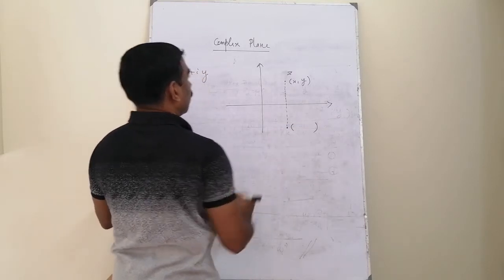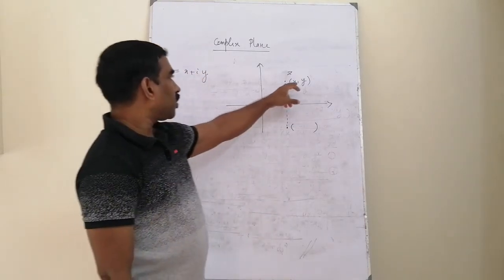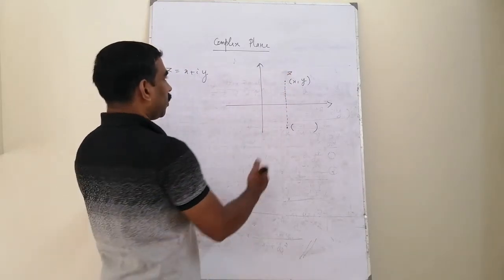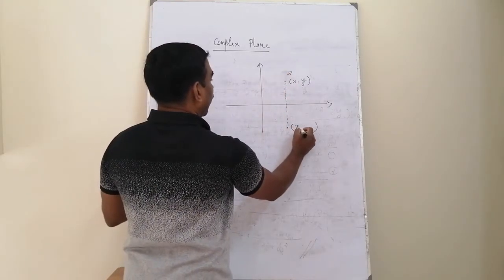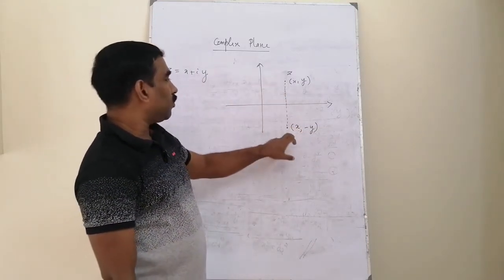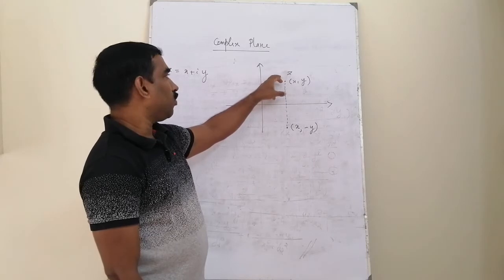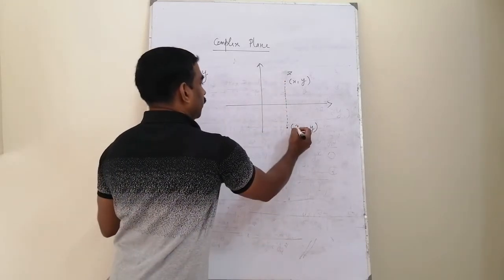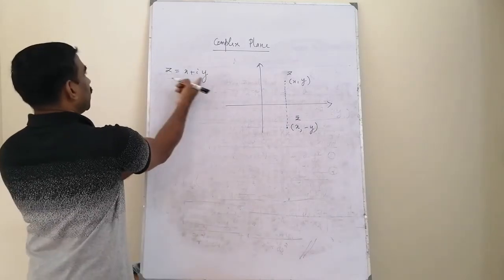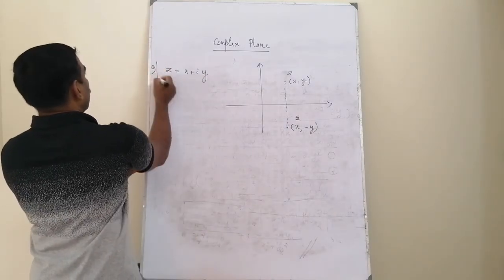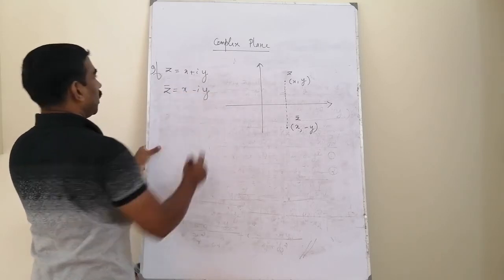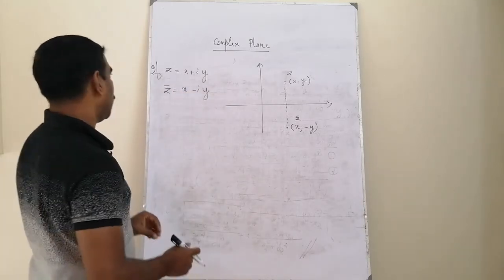So we get another complex number. If we take the reflection of the complex number (x, y) or z about the real axis, we get another complex number with x coordinate x and y coordinate minus y. This new complex number is called the conjugate of the first complex number z, and we denote it by z bar. That is, if z is equal to x plus iy, then its conjugate z bar is equal to x minus iy, called the complex conjugate.